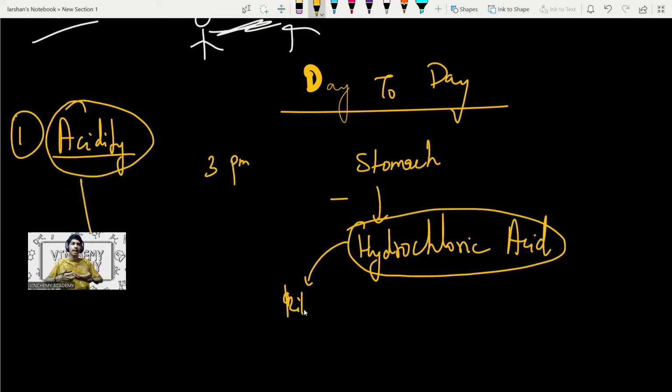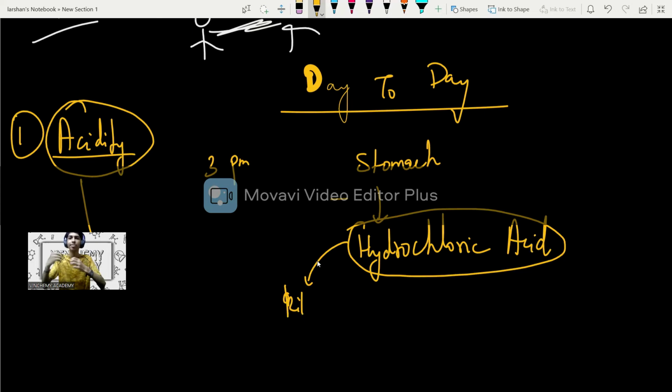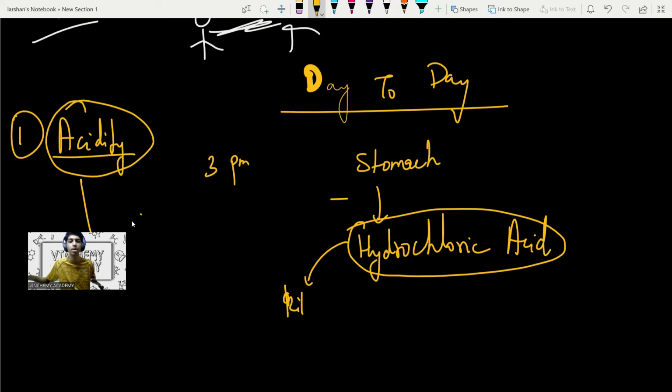That's what it does. And when you eat food, this hydrochloric acid also helps in digesting. It breaks the food into small pieces. That's also one of the roles of hydrochloric acid. So when you eat a lot, or when you eat very less, or when you eat after a huge gap, this hydrochloric acid starts secreting in your stomach. Let's say your stomach is this.